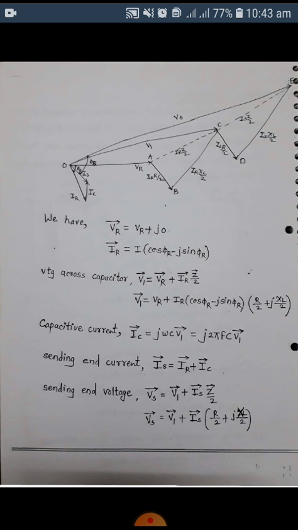Now the resultant of phasor summation of phi1 plus Is into R by 2 plus Is into XL by 2 gives the total sending end voltage Vs. In this way, we can represent the phasor relations for the nominal T method.